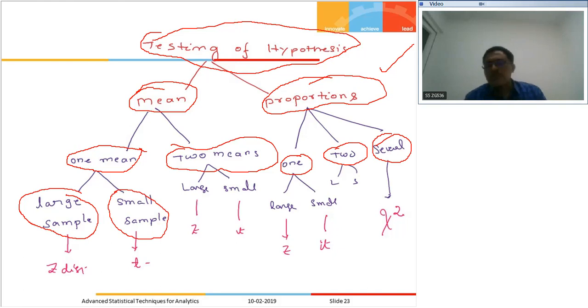Depending on the smaller or larger sample, we select the distribution which helps us validate the hypothesis. Everywhere, if it is large, you will have the Z distribution. If small, then we have the T distribution. Here also it is the same, except the last one. If it is a several proportions related discussion, then we have to go for a new distribution called the chi-square distribution.